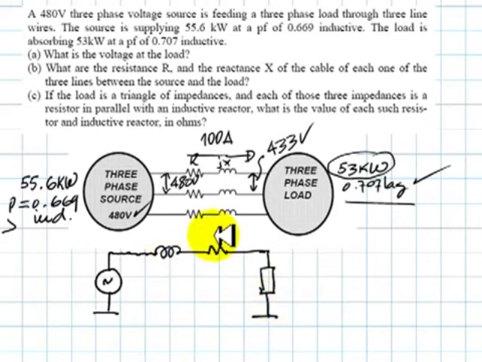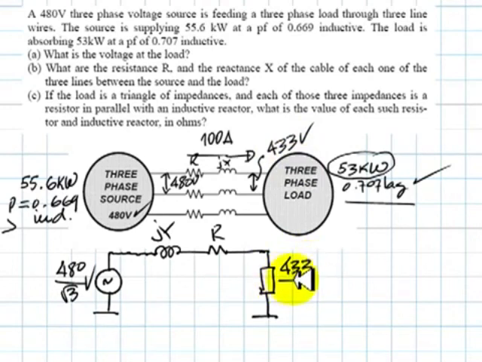Excellent. Let me write in R, jX, and this source is actually 480 divided by root 3 volts. And this one is 433 volts divided by root 3 volts. By the way, this is 277 volts, and this is 250 volts.